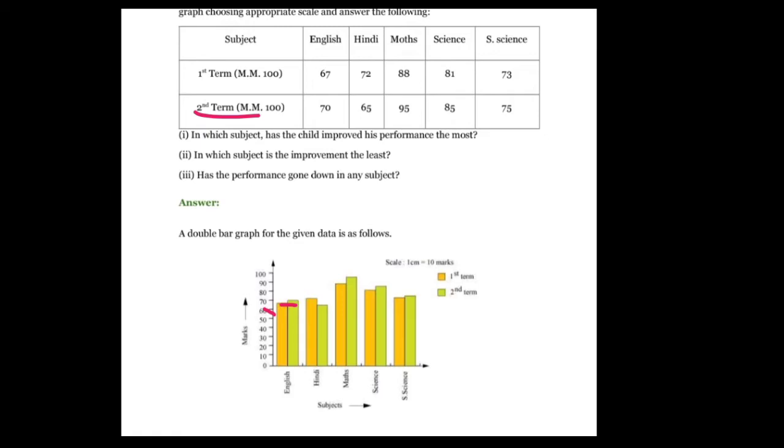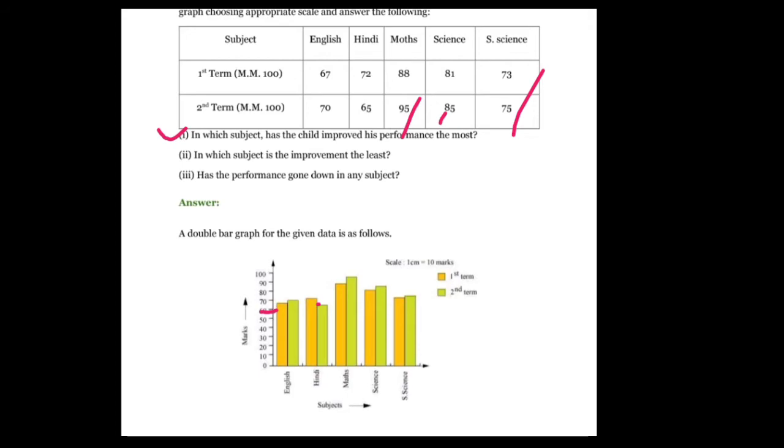So we can see both bars here. Then Hindi: in the first term 72 marks, so approximately it will be after 70, and 65 will be between 60 and 70. Here it will be represented. Now in the same way, we have to represent the subjects Maths, Science and Social Science on the graph.